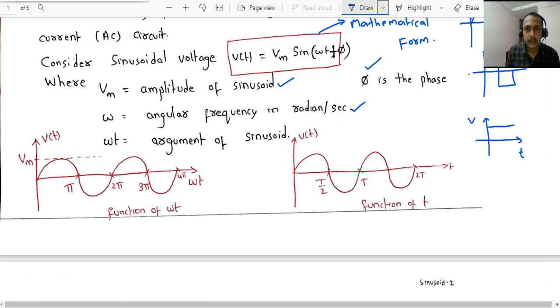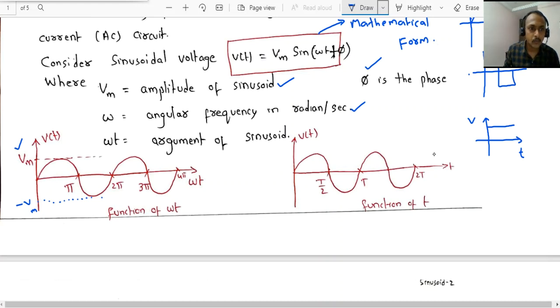In this context, the peak value represents Vm, the amplitude plus Vm, and this negative peak represents minus Vm, and 2Vm represents the peak to peak value. On the x-axis we have taken omega t.